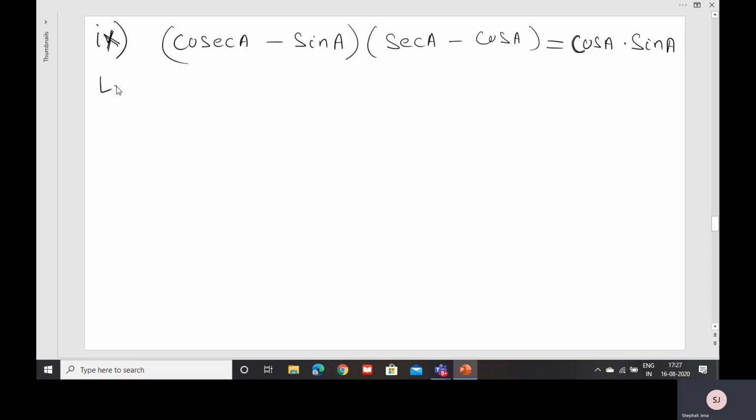Okay, so you start from LHS. You will see every time you start from LHS and reach RHS, but every time it will not come. See, here both are reciprocal to each other. You have to see whether it is coming or not.